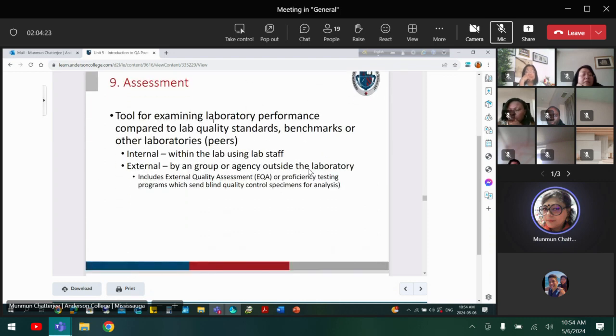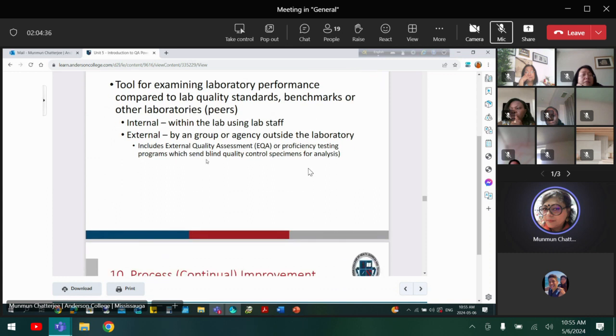A tool for examining laboratory performance compared to lab quality standards, benchmarks, or other laboratories. What are those? Internal, within the lab, using lab staff, and external, by a group or agency outside the laboratory, especially during a quality assessment or proficiency testing program, which uses blind quality control specimens for analysis. Say you are getting one sample, and it is going to be blindfolded.